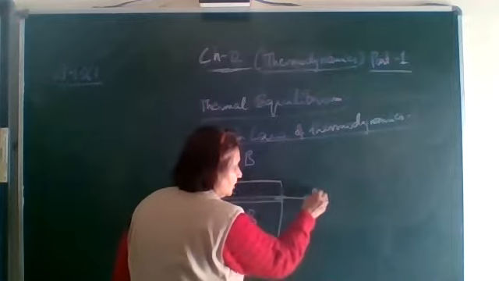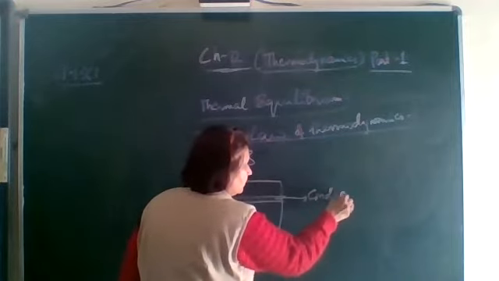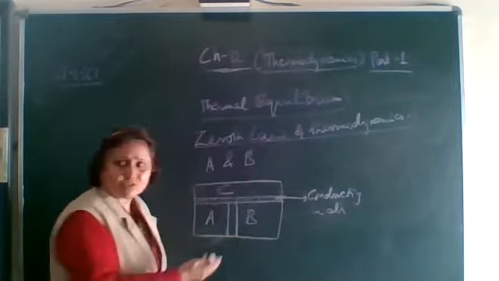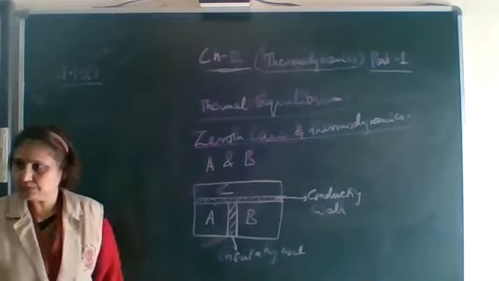So these are separated by this one, the conducting bond. It is also called the diathermic bond. So A and B are separated from C by a conducting bond, and A and B are separated by an insulating bond, so that the heat cannot transfer from one system to the other.